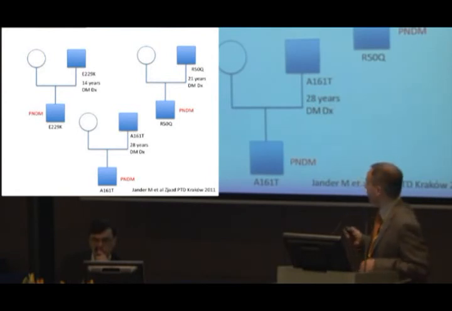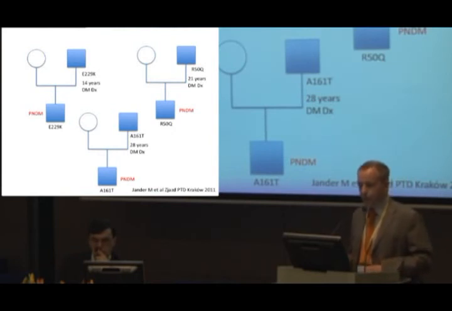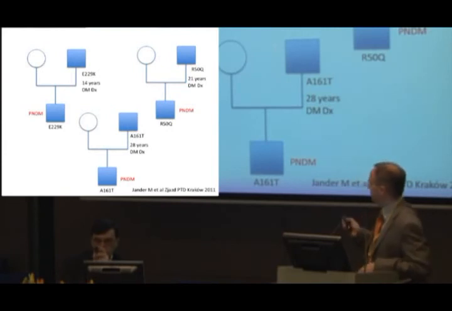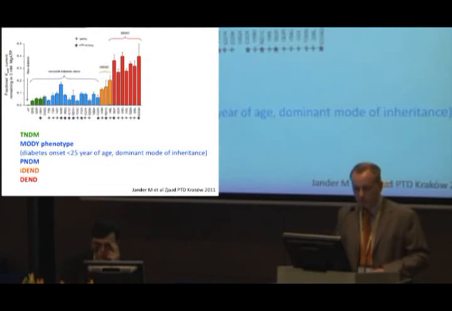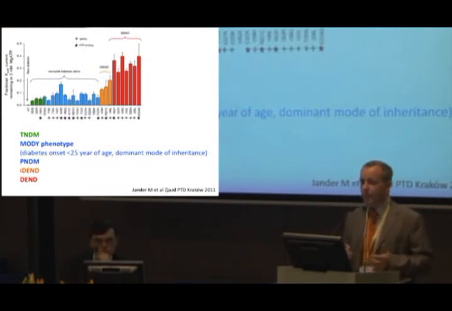In all probands we have neonatal diabetes caused by different mutations in the potassium channel, but we found that the fathers also suffered from diabetes, which was diagnosed not at the neonatal stage, but later in life, or was just accidentally diagnosed after glucose measurement. So we can say that there is an even more complicated story behind this potassium channel mutation.